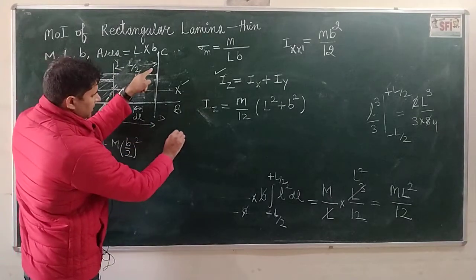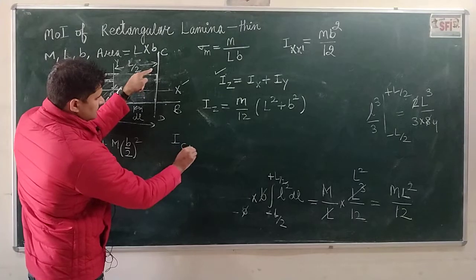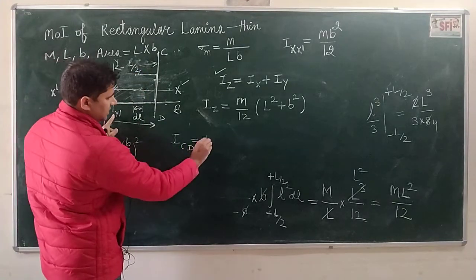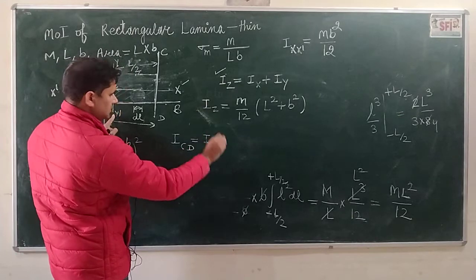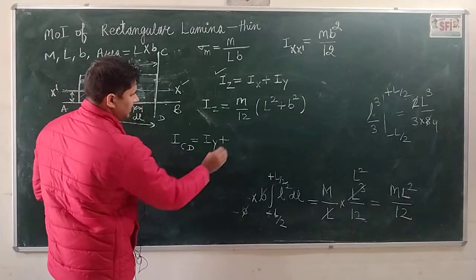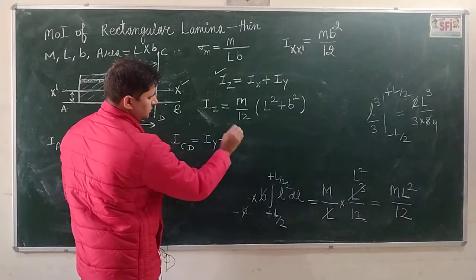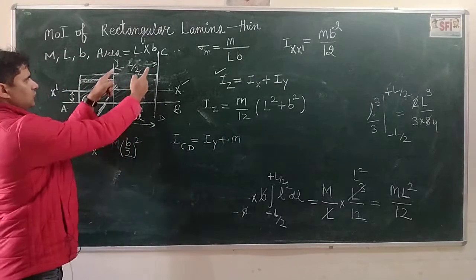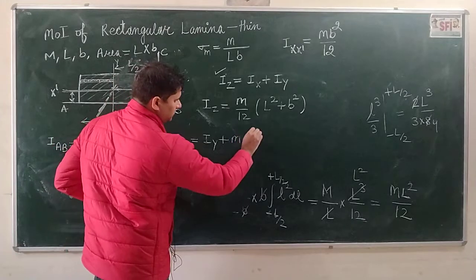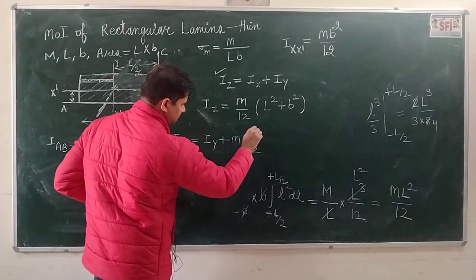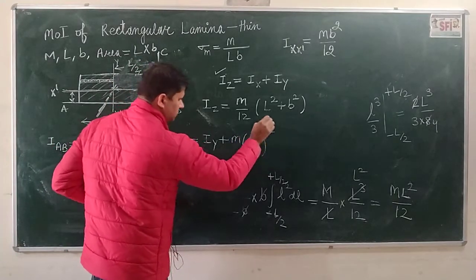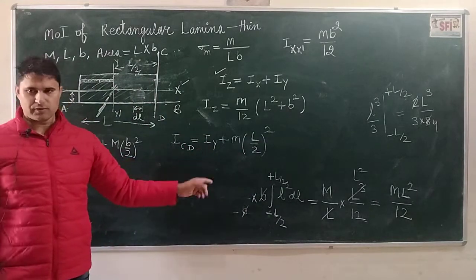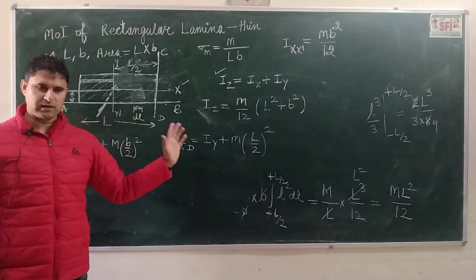So here the moment of inertia about axis CD will be equal to the moment of inertia about the y-axis, plus the total mass of the rectangular lamina times the square of the perpendicular distance, which is L by 2 in this case. After substituting the value of Iy, you can find it.